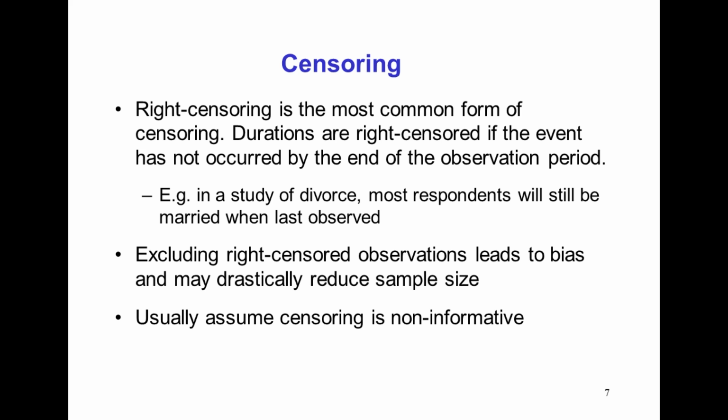So you're left then with a selective group among those who got the treatment, and that may lead to bias when it comes to estimating the treatment effect. So it's more in these clinical trial setups where this non-informative censoring is a major issue. And it's usually accepted as fairly reasonable in a lot of social research.